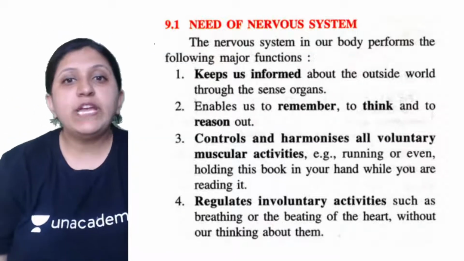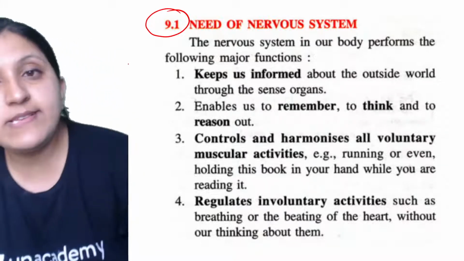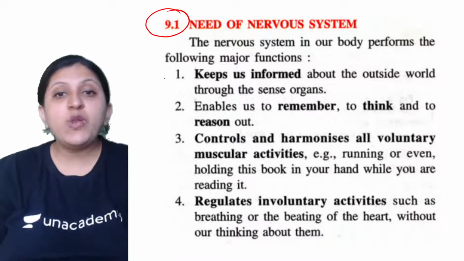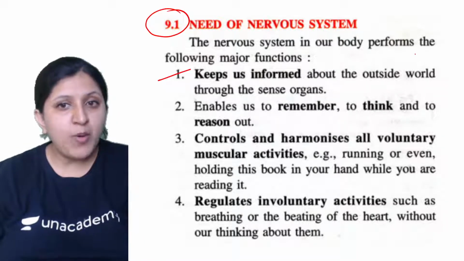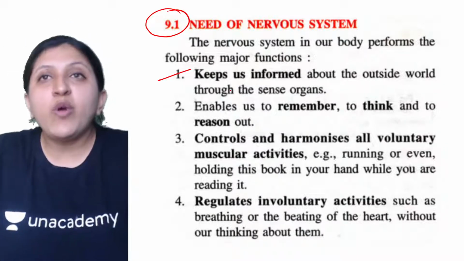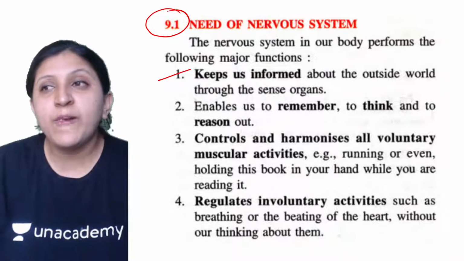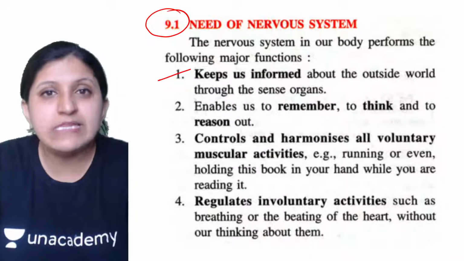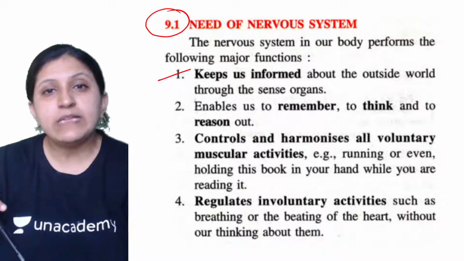Okay, so why exactly do we need the nervous system? It will keep us informed. The nervous system in our body performs the following major functions. What is it keeping us informed about? You can hear different sounds, smell things, and see this beautiful world.